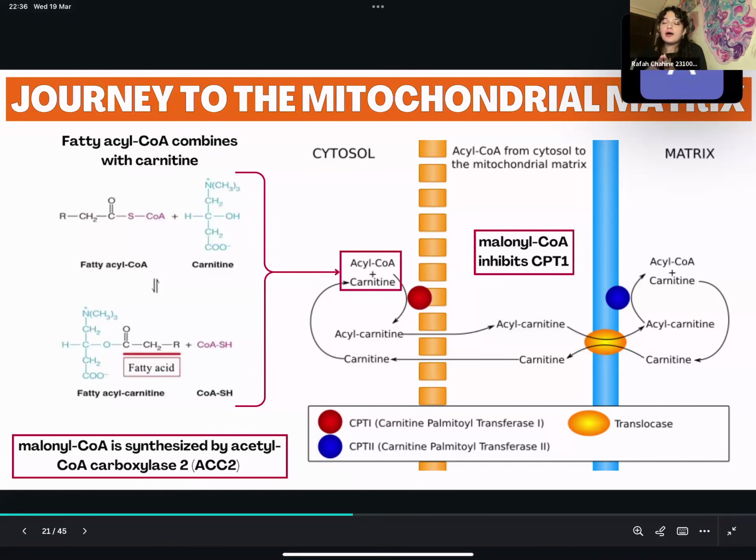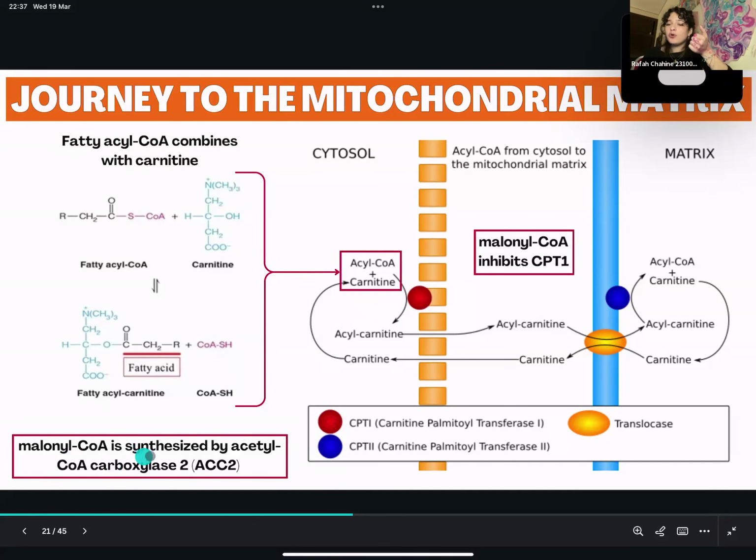Okay. So we understand how the fatty acyl-CoA gets separated from CoA, and then it gets re-added to carnitine. Then we get the acyl-carnitine, and this is done with CPT1. Acyl-carnitine goes through the inner mitochondrial membrane through translocase, and then it gets recombined with CoA with the help of CPT2. Now, malonyl-CoA, which we know is a byproduct of fatty acid synthesis, will inhibit CPT1 because synthesis and oxidation cannot occur at the same time.